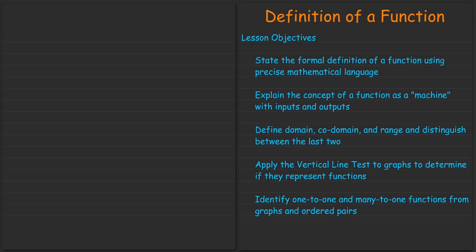You should be able to apply the vertical line test to graphs to determine if they represent functions. And finally, you should be able to identify one-to-one and many-to-one functions from graphs and ordered pairs. Without much ado, take your note and your pen so we study together.